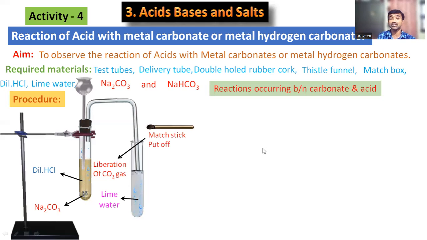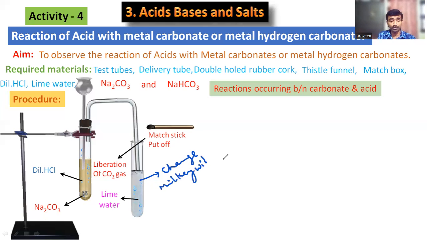So what reaction is observed in this activity? The reaction is observed between HCl and sodium carbonate, a metal carbonate and acid reaction. What may the products be? Here you observe one change: lime water turned milky white.